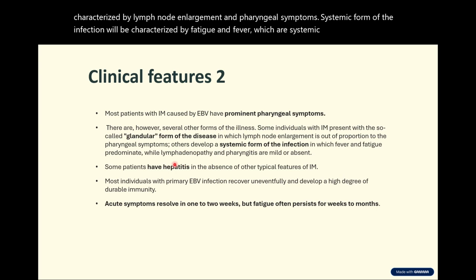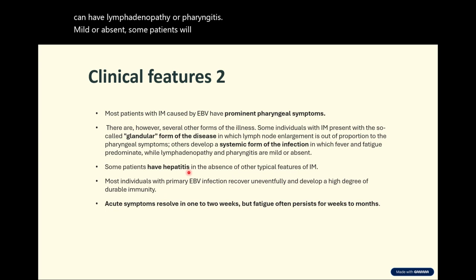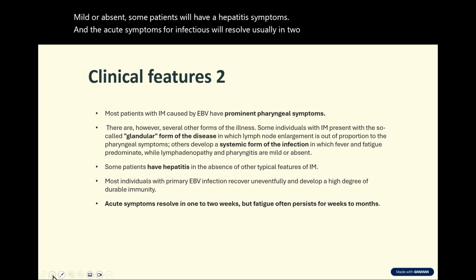Also, they can have lymphadenopathy or pharyngitis, mild or absent. Some patients will have hepatitis symptoms, and the acute symptoms of infectious mononucleosis will usually resolve in 2 weeks, but the fatigue can persist for several months.